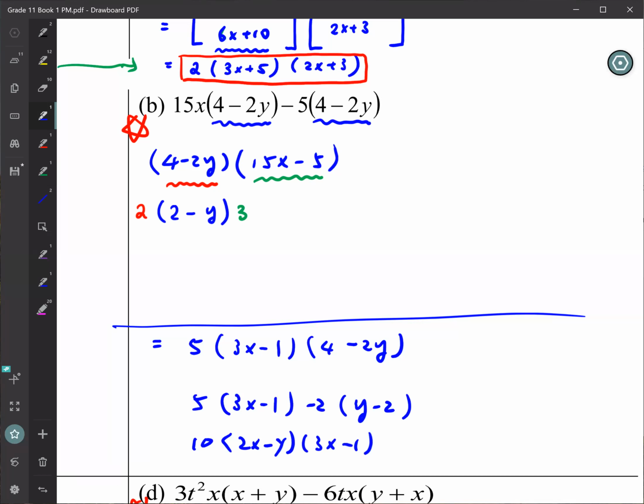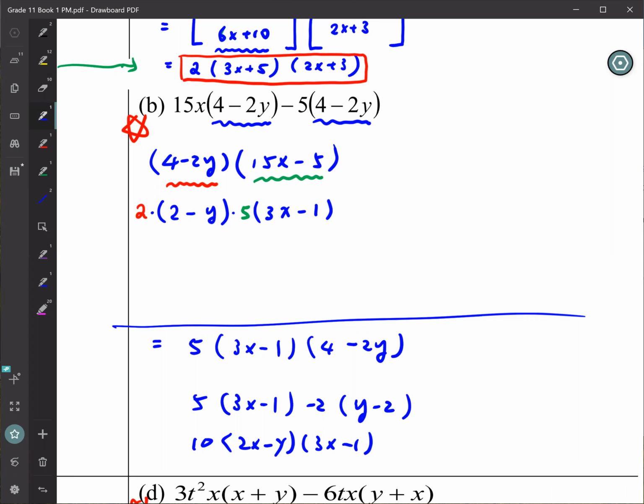And then there's no sign. You don't need to put a plus or minus in between, okay? Everything's multiplying. Same thing with this. If you take out the 3, it will be 5x, oops, not 3. What am I saying? Take out the 5. So it will be 3x minus 1.